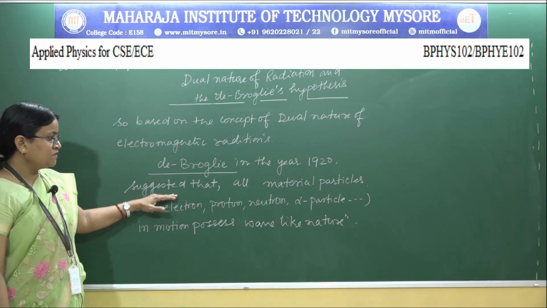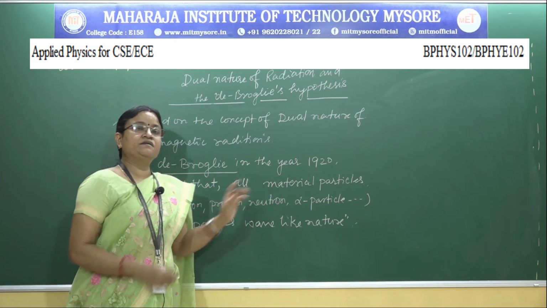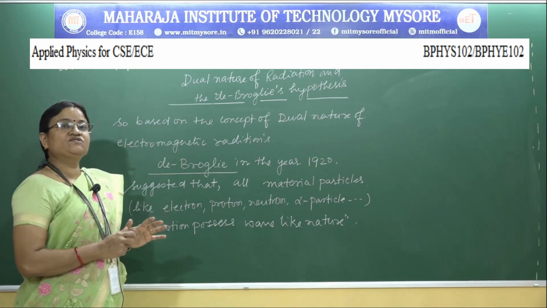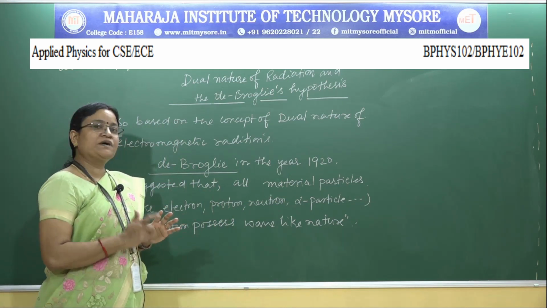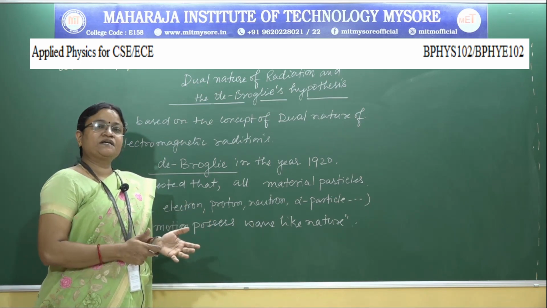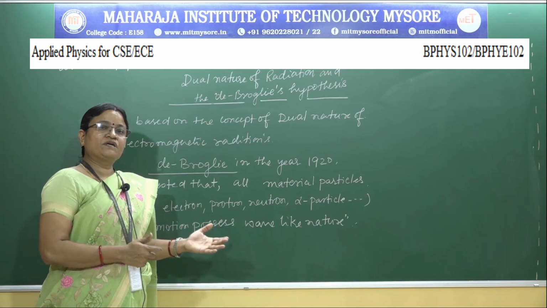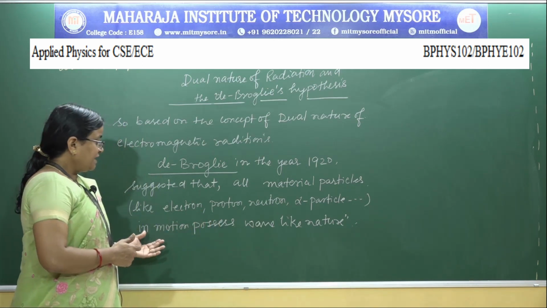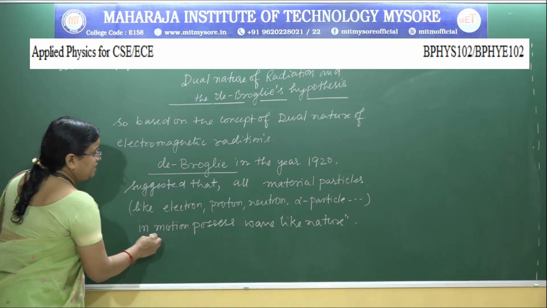The de Broglie hypothesized that all material particles, for example, electron, proton, neutron, alpha particle, beta particle, all the elementary particles, all microscopic particles which we study under the head of quantum mechanics, in motion. This is very important.